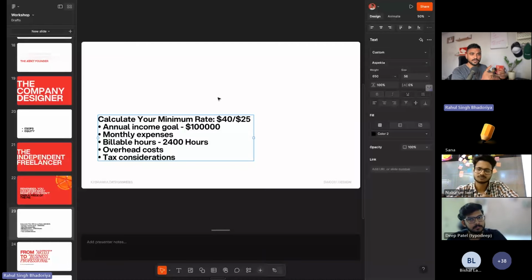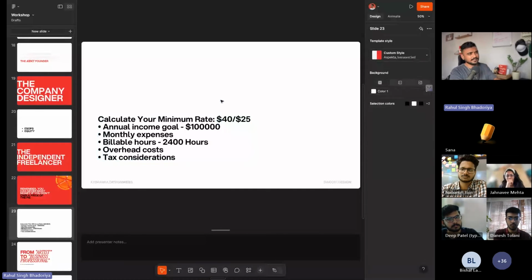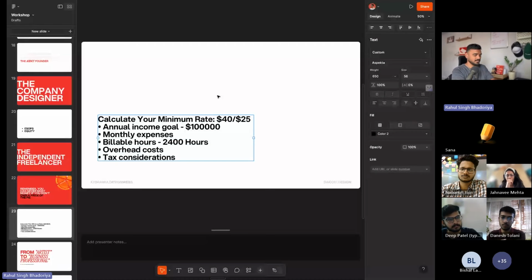Now you have to reverse this. How can you find something where you can do this? Whatever job you're doing right now, at $40 an hour, that daily becomes $320, so around 24K a day in INR. Obviously, not a single job is going to do that for you, and that's why we have freelancers.